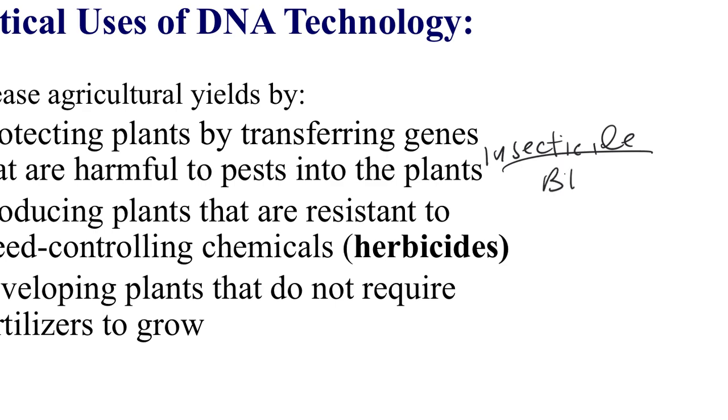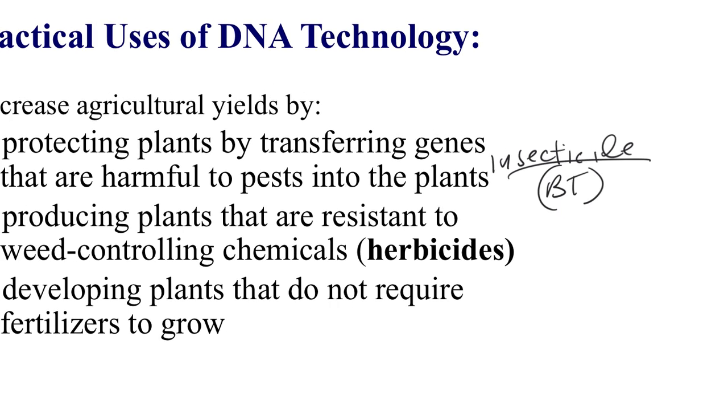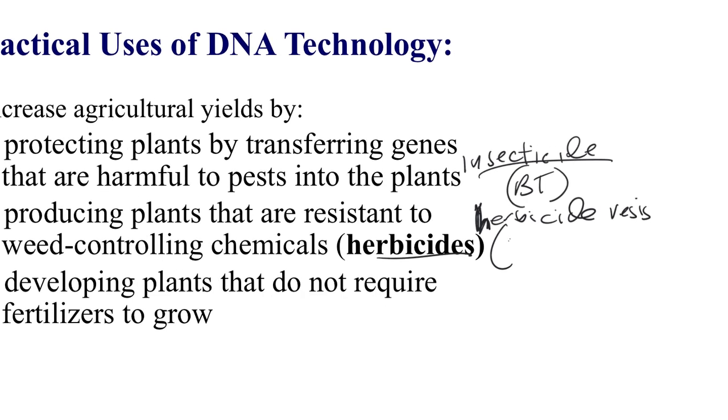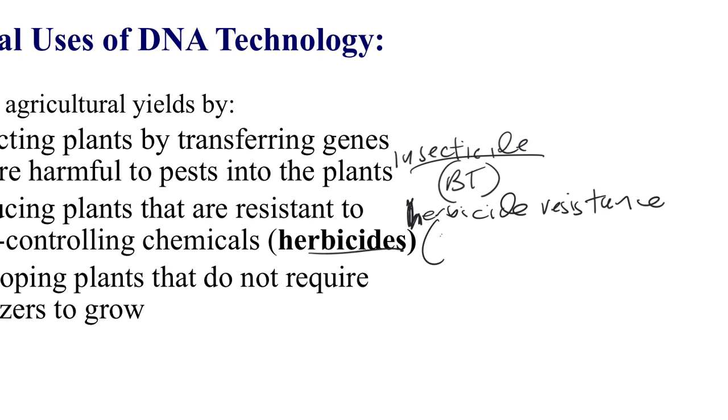As we mentioned with BT, you can also use genes in crops to protect them from weed killers, herbicides. Herbicides are weed killers, not just for weeds, any plants that are growing fast. Herbicide resistance genes can be inserted, such as Roundup resistance.